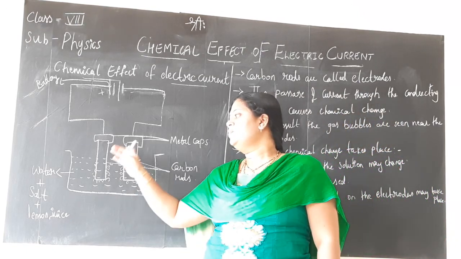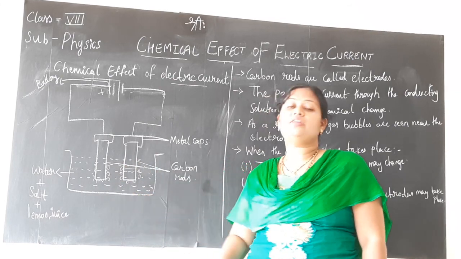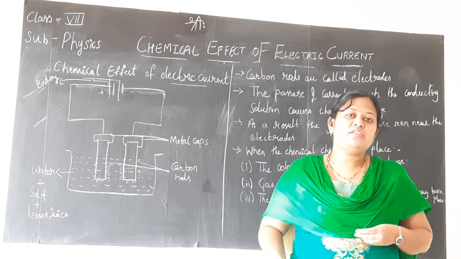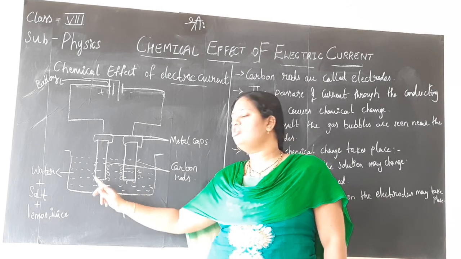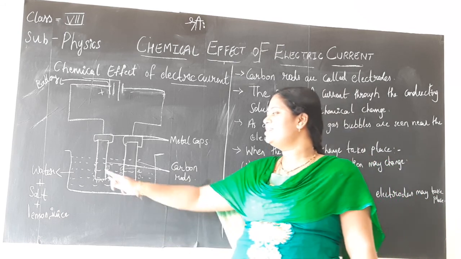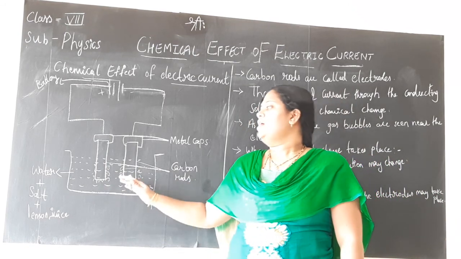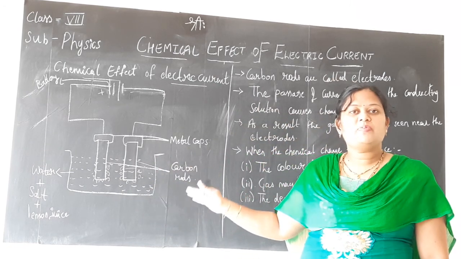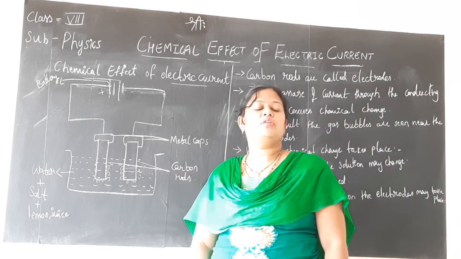Hence the passage of current through this conducting solution is making a chemical change take place, which in turn results in the formation of gas bubbles near the electrodes. What are these electrodes? These carbon rods are called electrodes, children. Hence, we can say a chemical change takes place when two electrodes are inserted in a conducting solution.